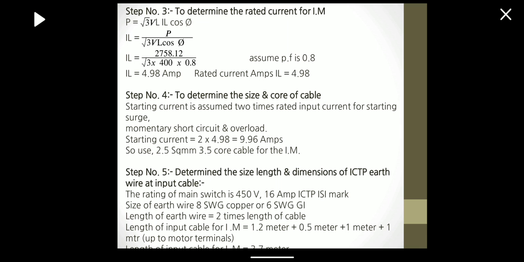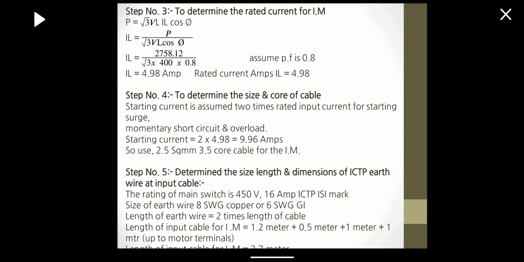Then step 5, determine the size, length and dimension of the ICTP and earth wire at the input cable. The rating of the main switch is 450 volt 16 ampere ICTP ISI mark.